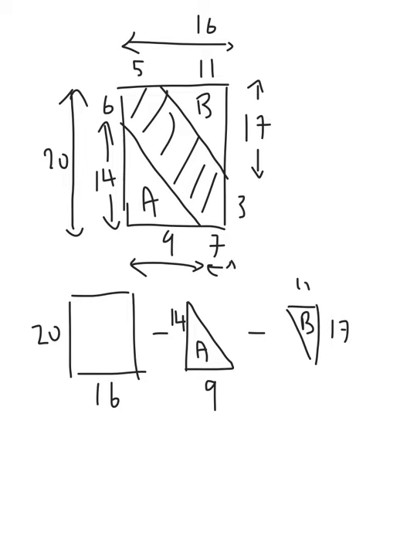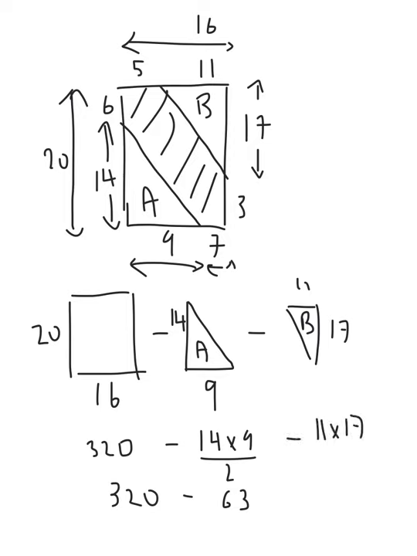So 20 times 16 is 320, minus, you want to do 14 times 9 divided by 2, which is the same as 63, and 11 times 17 divided by 2 is 187 divided by 2 is 93.5.